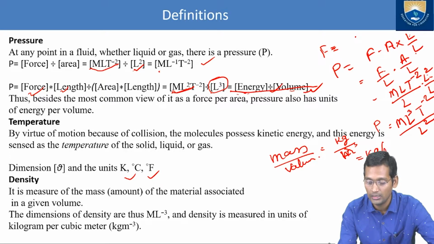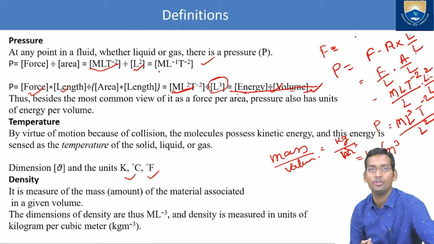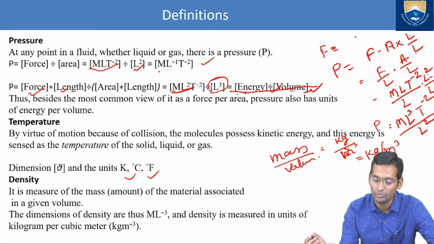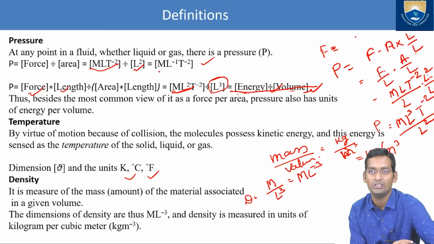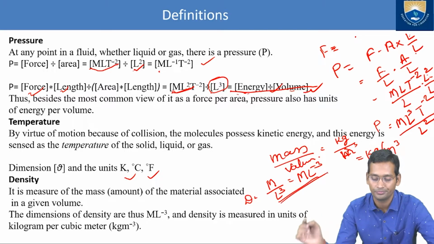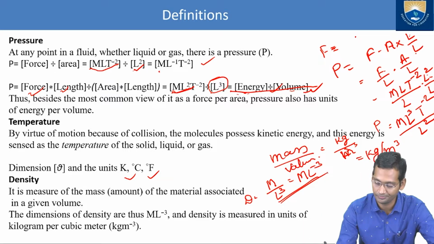So kg per meter cube is the unit of density. In terms of dimension, mass is M, volume is L cube, so this becomes ML minus 3. So this will be the dimension of density.